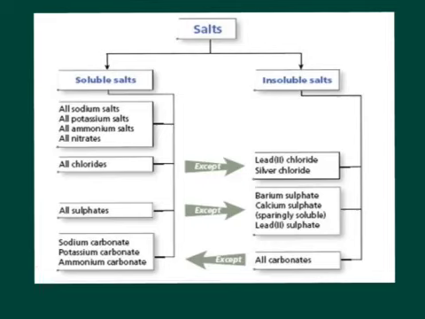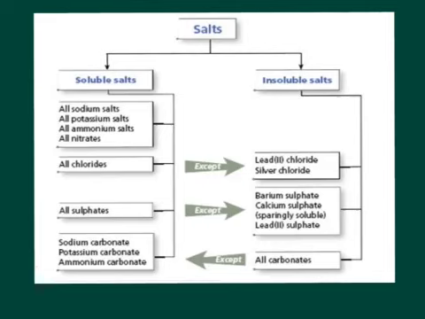Now when you put those two together, my products, as we wrote in the equation before, are going to be potassium nitrate, again, potassium salts and nitrates soluble, and the other product was lead II iodide. Now, that's not specifically listed on this table, but I will tell you that it is an insoluble compound, so it does form a precipitate.